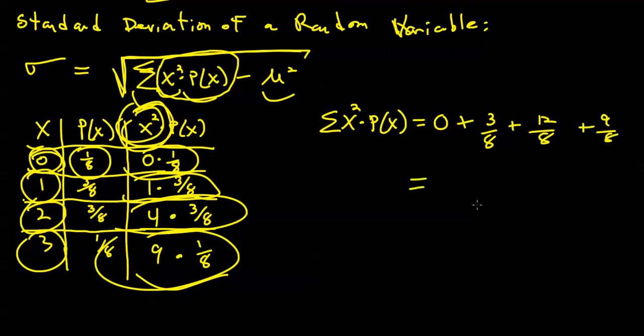So I'll add these products together now. I'll get 3/8 plus 12/8 is 15/8, plus 9 is 24/8, and 24/8 is, of course, 3.